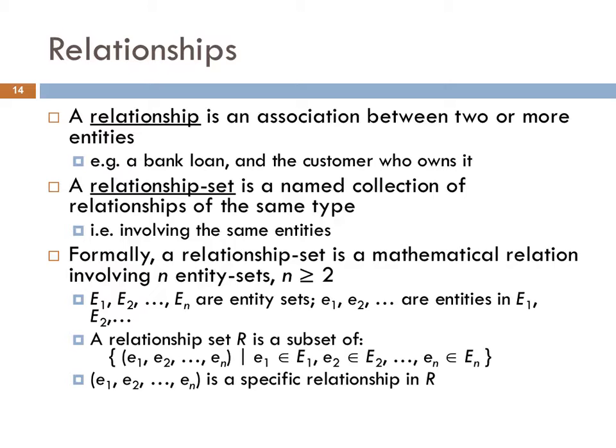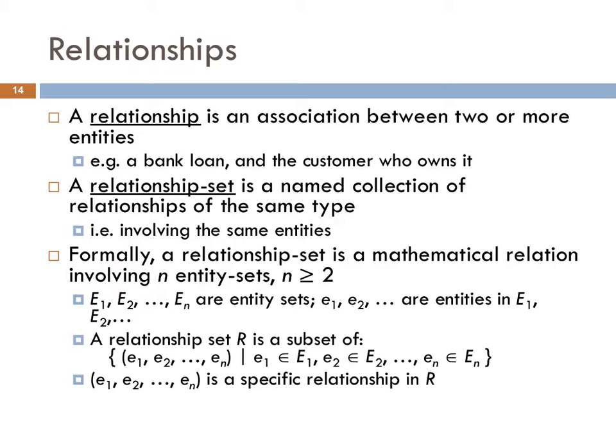And so we have specific relationships. We call them relationship instances, in fact, where we have some collection of entities, one from each entity set participating in the relationship set. Those entities comprise the relationship.